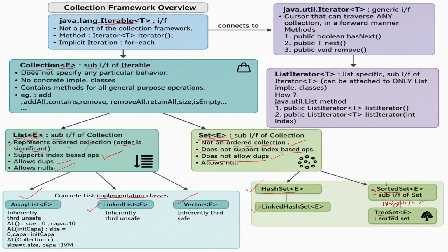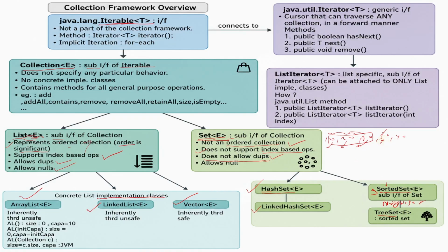Let's say we are trying to insert 10, 20, 30, 30 and 40. 10 will get inserted, no problem. 20 will get inserted, no problem. 30 will get inserted, no problem, since we don't have 30 yet. Now we try to insert 30 again. Already we have 30, so it will not allow inserting this 30 again.